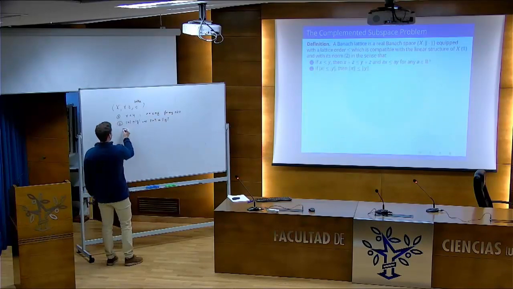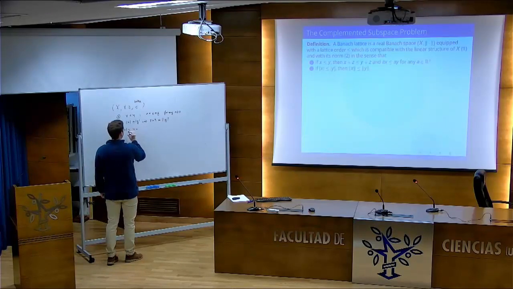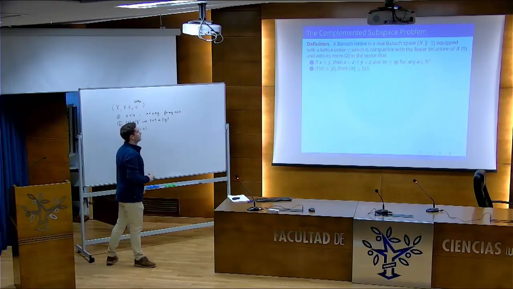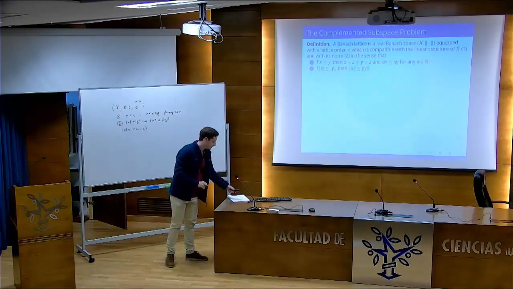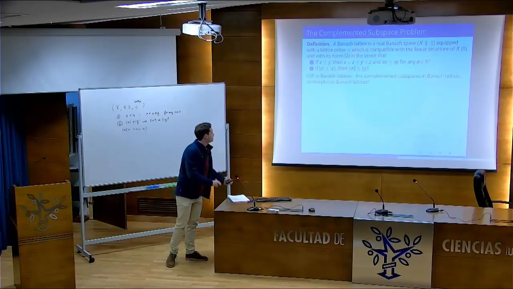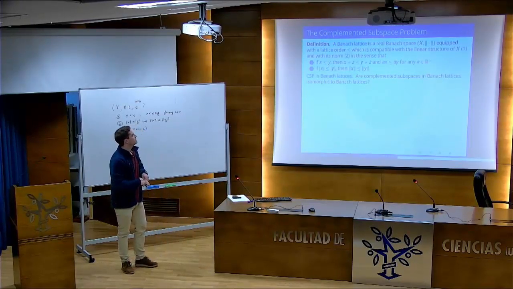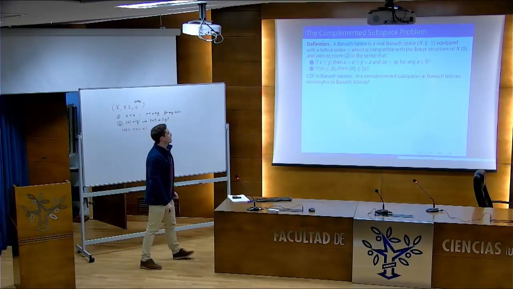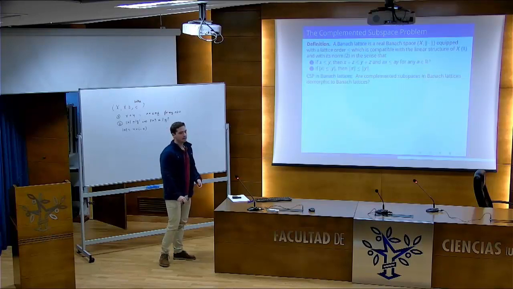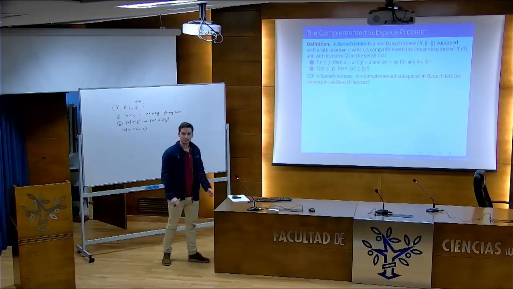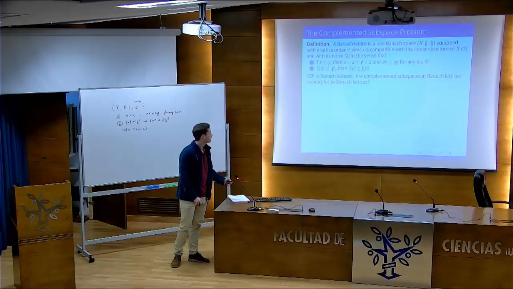The modulus of x is defined as the supremum of x and minus x. This is a Banach lattice. And the complemented subspace problem in Banach lattices asks whether complemented subspaces of Banach lattices are isomorphic to Banach lattices.